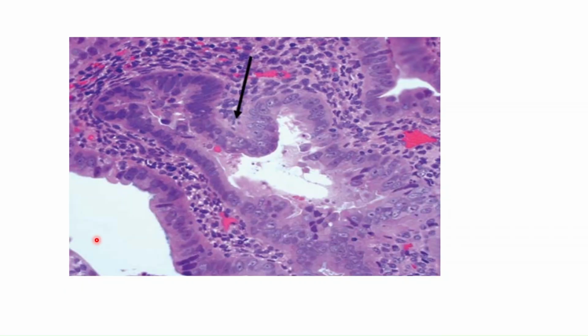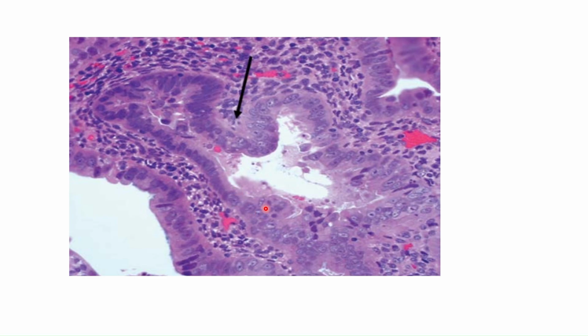So here in this section, in high view, we can see a single large gland showing two types of morphology. In the upper left portion of the gland, we can see hyperplasia, partial loss of polarity, and nuclear irregularity, and the lower right portion shows prominent nucleoli with loss of polarity, vesicular chromatin, and a high NC ratio.